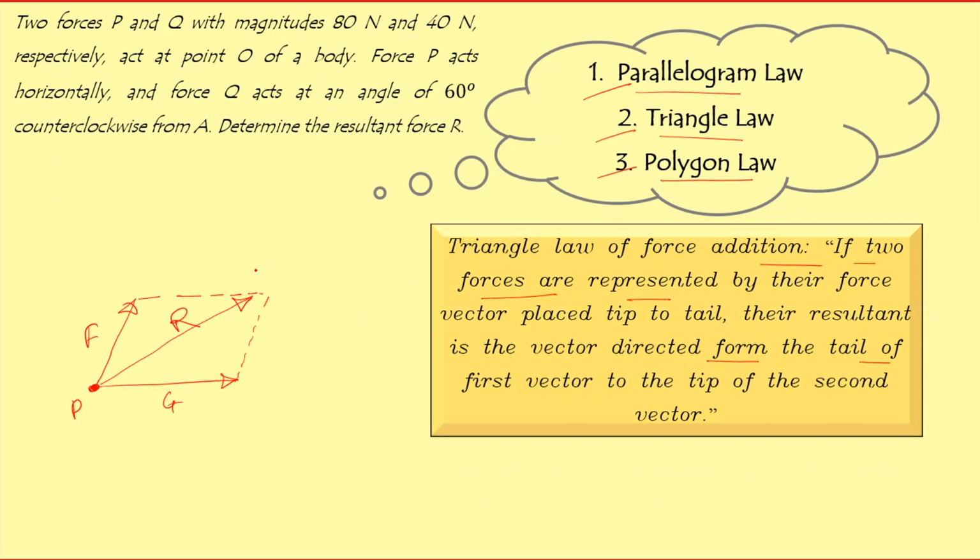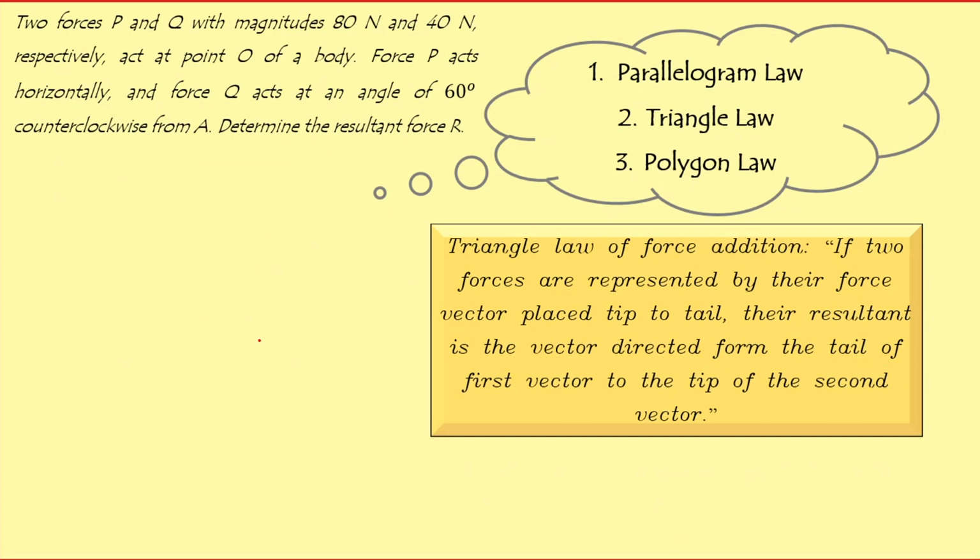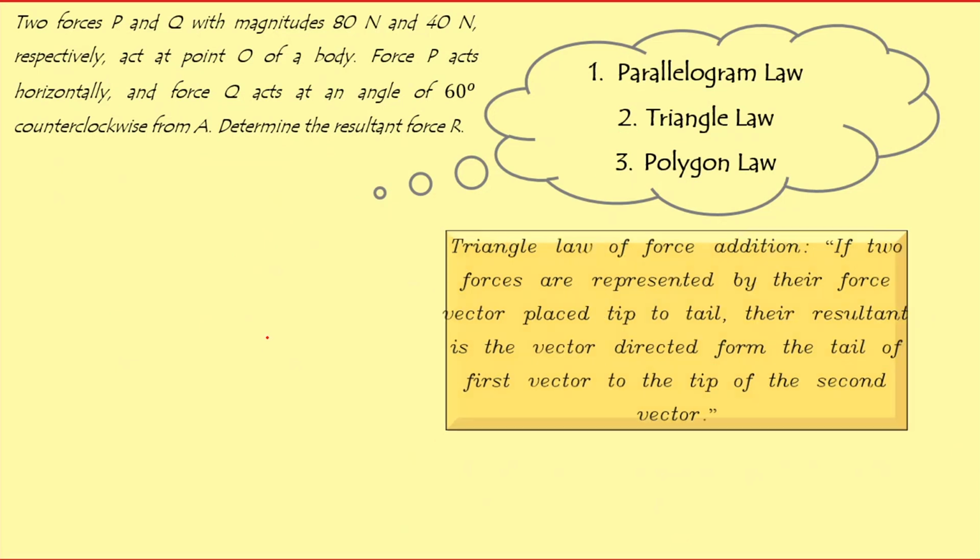For example, in the same problem, if I consider G as the first vector, then from the head of G, I need to draw the second vector, that is F, and as per the triangle law, this closing side is nothing but the resultant. If you observe closely, this triangle law is nothing but a half section of the parallelogram law. So let's understand this with an actual problem.